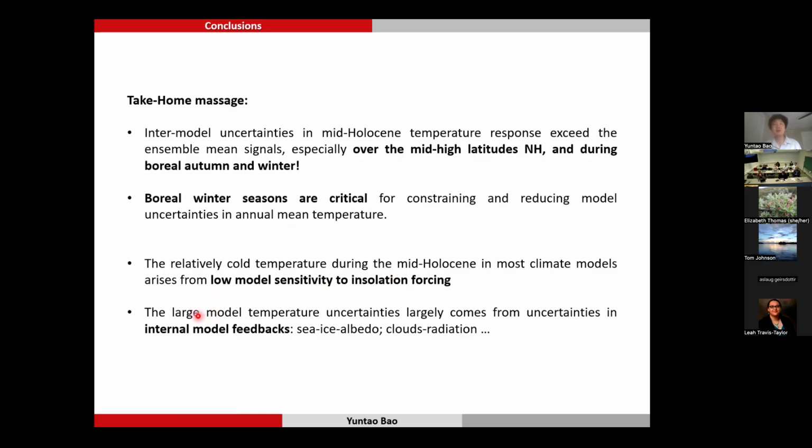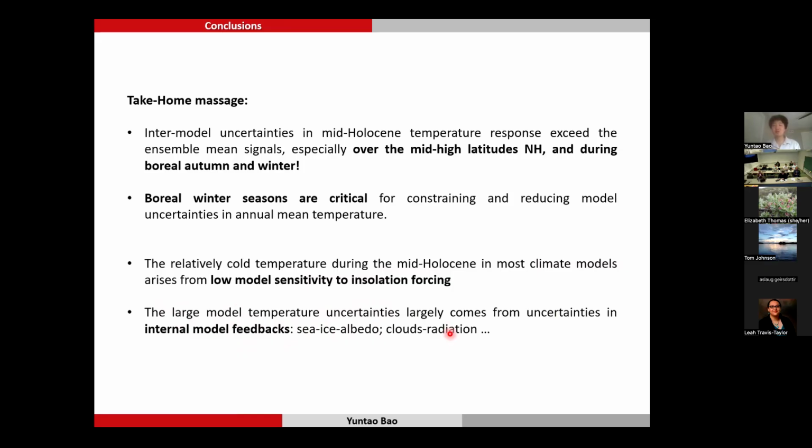And the most important thing for future climate simulation is that we see large model temperature uncertainties in the Northern Hemisphere, and these large uncertainties are coming from internal model feedbacks, for example sea ice albedo and cloud radiation.